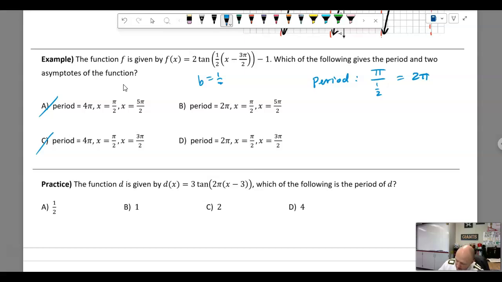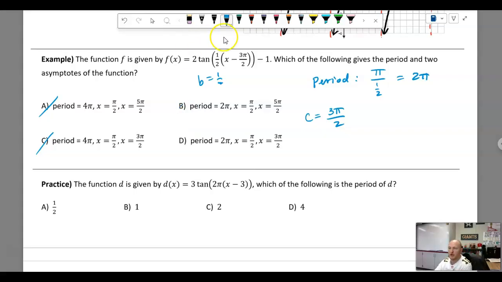Well, we do have a phase shift. So c is equal to 3 pi halves. So I'm going right 3 pi halves. So definitely, it looks like B is going to skip it. So the answer is going to be, oh wait, no, I got it wrong, guys. The center of my graph is at 3 pi halves.